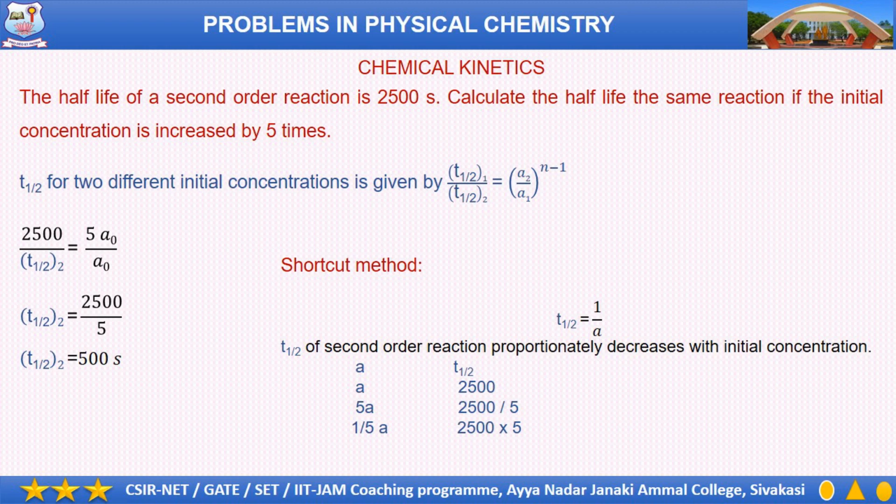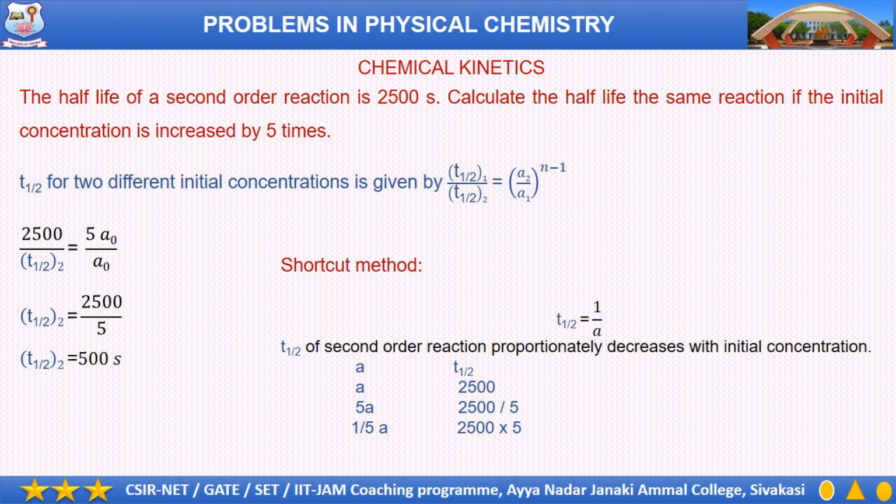Power n minus 1 is 2 minus 1, when this and this cancel. Therefore, T half is equal to 2500 divided by 5, equal to 500. This is the procedure you have to adopt while working this problem in the classwork.